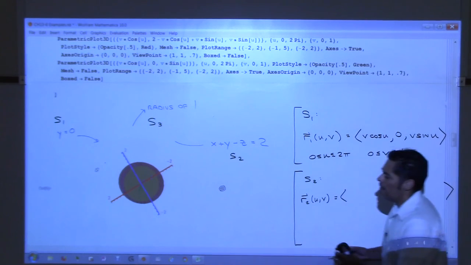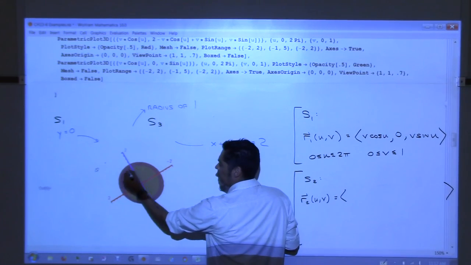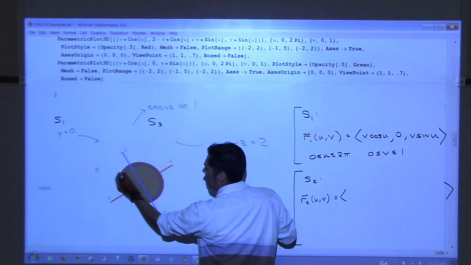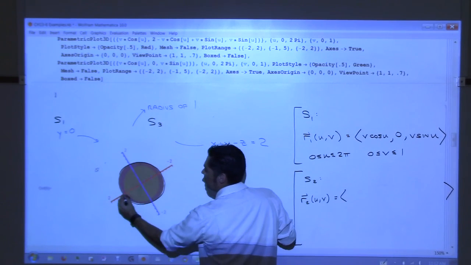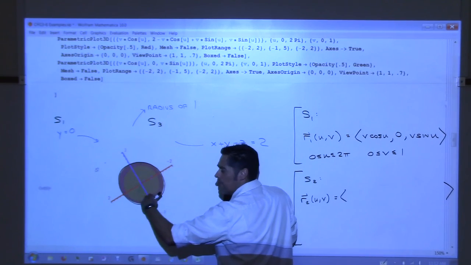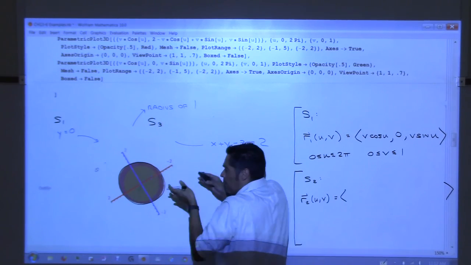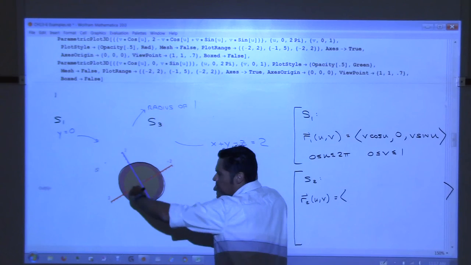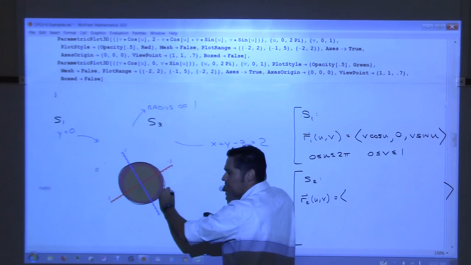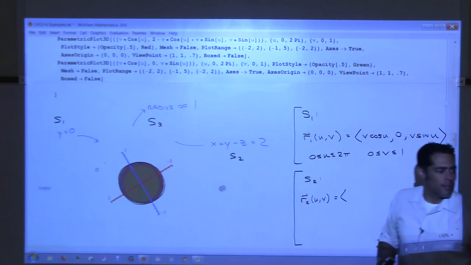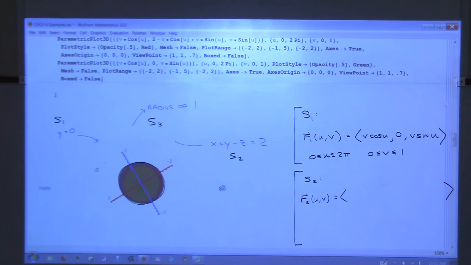Okay, so it's kind of like, I'm trying to do S2. I'm going to try and draw a circle right here. That's the outer edge of S2. But as I'm doing it, I'm actually changing my in and out, right? From the y-coordinate, I'm changing that, but I'm still drawing the circle. So how is that y-coordinate changing? Well, it has to live on the plane, doesn't it? And the plane has an equation.